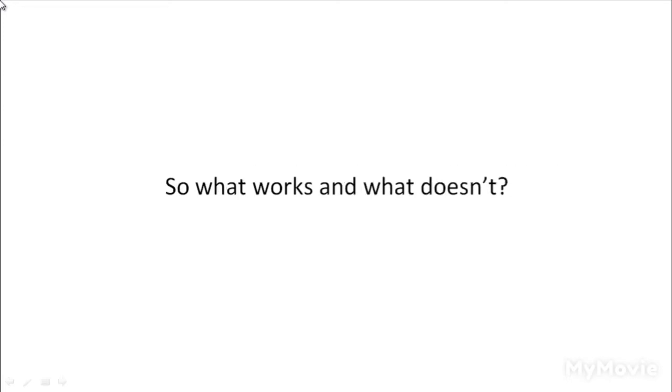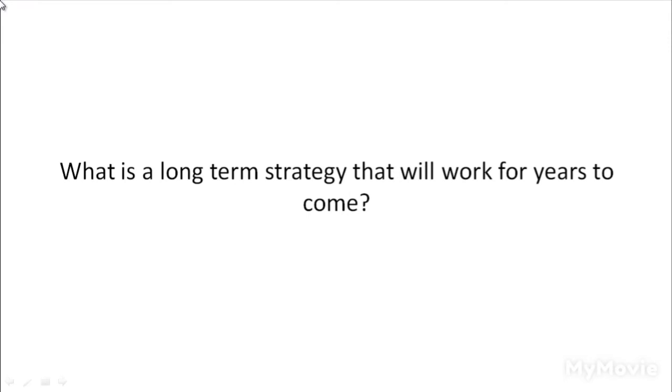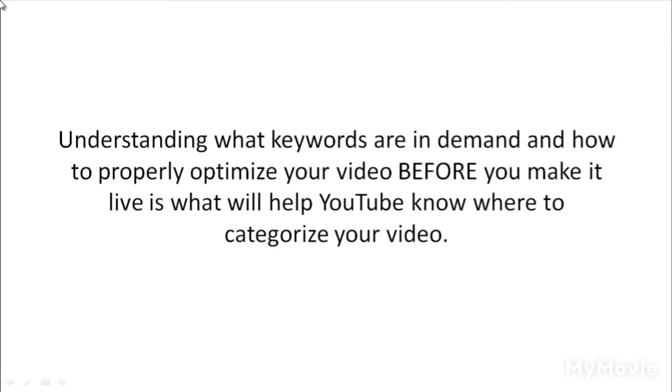Plus, there are tons of different marketing strategies out there. Many of these work and many have faded away. So what works and what doesn't? What is a long-term strategy that is going to work for years to come? It's simple. Understanding what keywords are in demand and how to properly optimize your video before you make it live is what is going to help YouTube know where exactly to categorize your video.